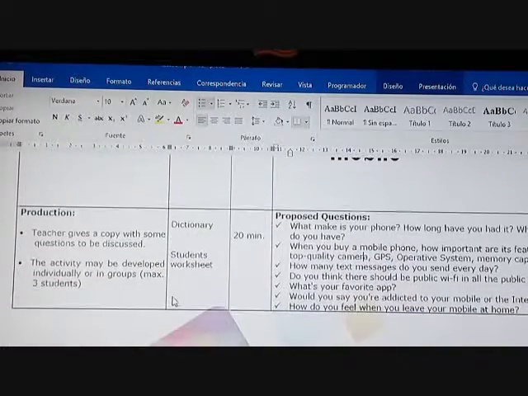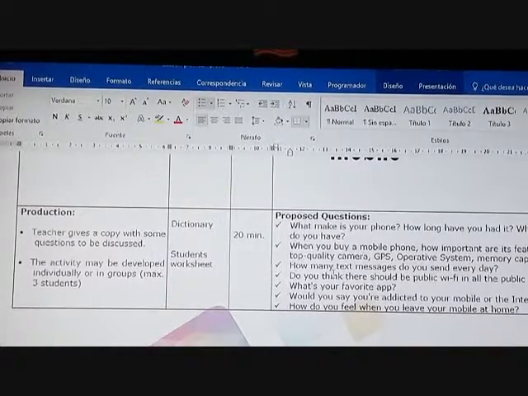Okay, the next stage is production. Here are the proposed questions that are in the student's worksheet. The teacher gives a copy with some questions to be discussed. In the production, they can work individually or in groups, a maximum of 3 students.